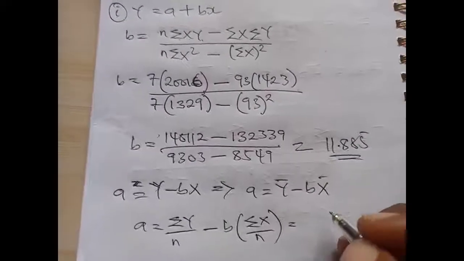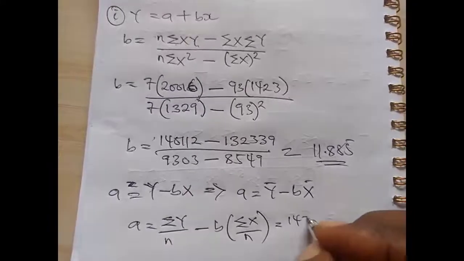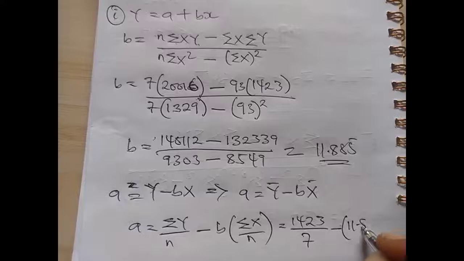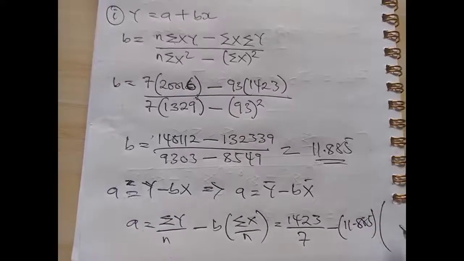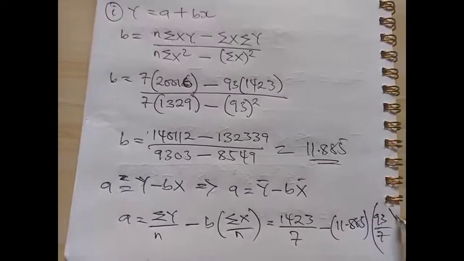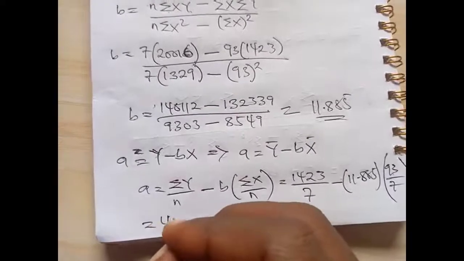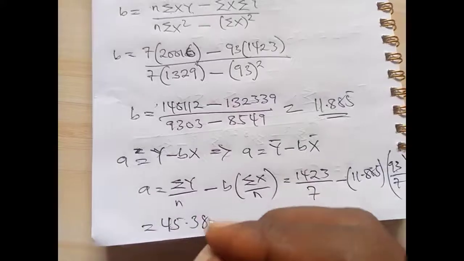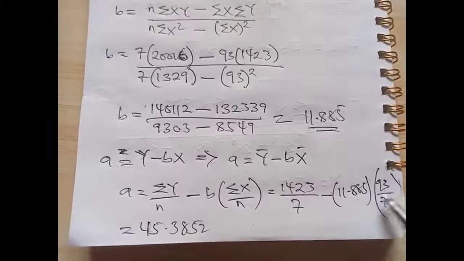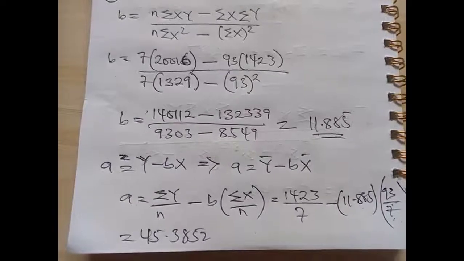So if we fix the values, summation y is 1423 over n which is 7, minus our b, 11.885, into summation x, which is 93, over 7. If we do the whole of that, we're going to get 45.3852. First of all, multiply out first, then you now subtract because of BODMAS. So this is our a.